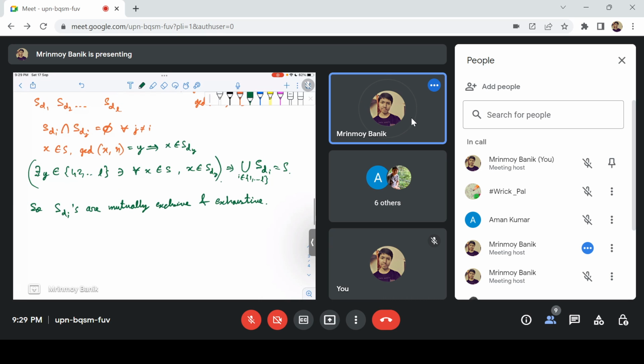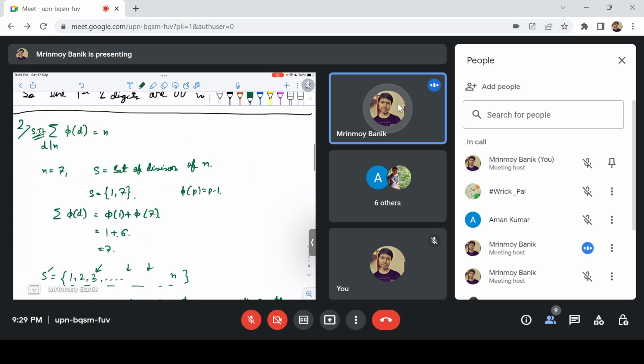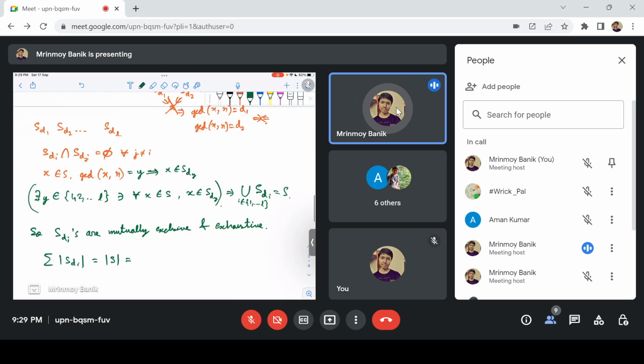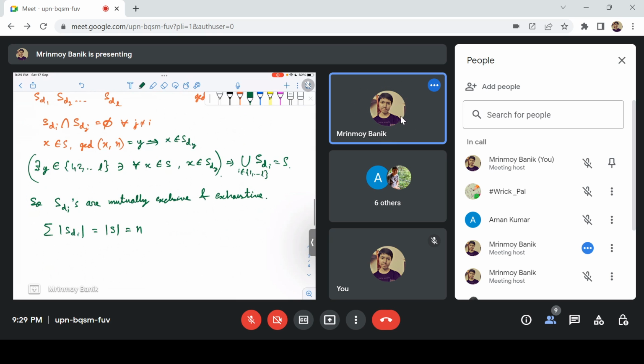So now what? So now we know that the sum over cardinalities of S_d_i is equal to the cardinality of S. And S, as we have defined, is just the first n natural numbers. So it has cardinality n, right?